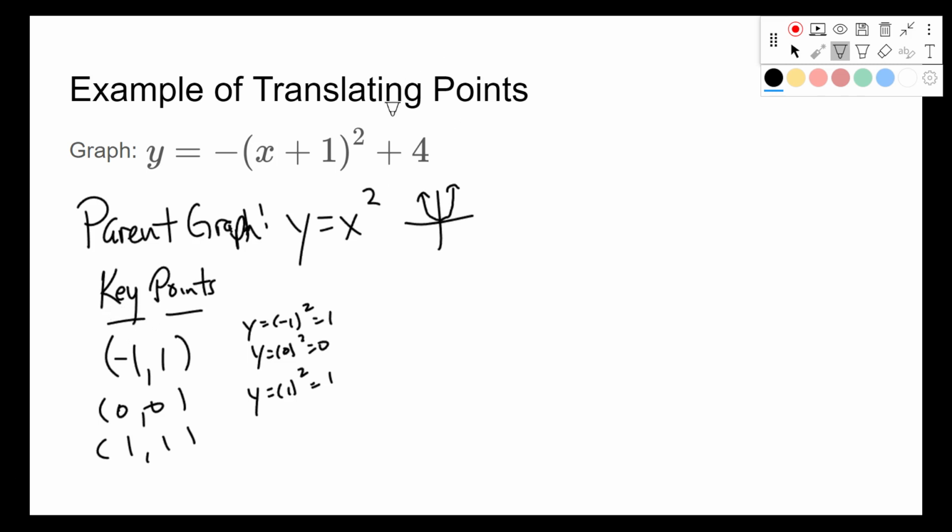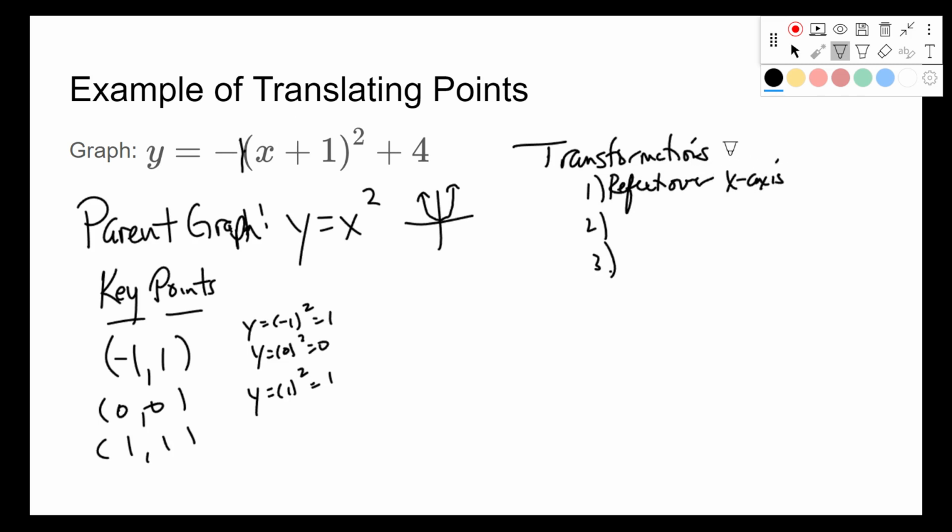All right? Now, let's go ahead and identify our transformations. You should notice, hopefully, that there are 3 transformations that need to be identified. The first one is this negative all the way out in the front. This is -1 times this. What is this doing? This is reflecting the graph over the x-axis. Okay, the negative's outside.